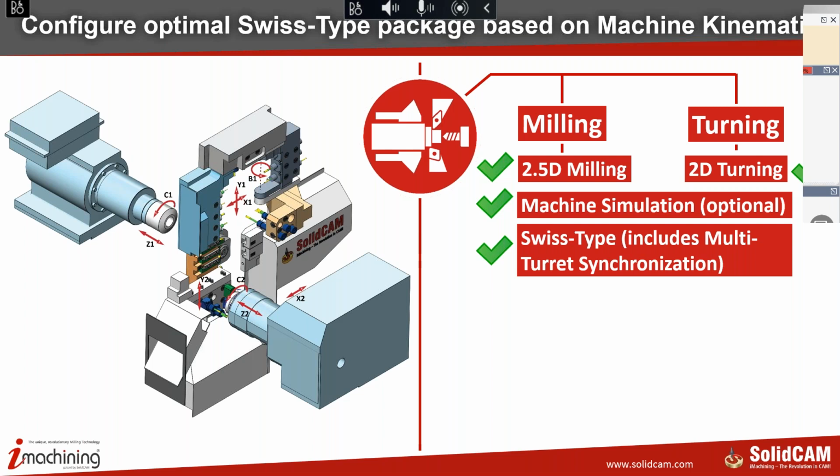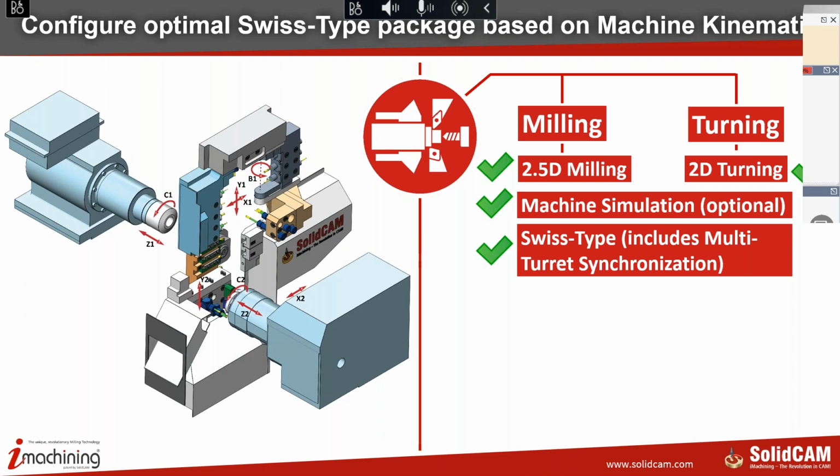It has the full 5-axis capabilities, and also simultaneous B-axis. But for the minimum, even for this machine, you just need 2.5D milling, turning, machine simulation, and the Swiss type module. The Swiss type module itself includes the multi-turret synchronization. Okay, so I'm saying this is the minimum in order to run the Swiss type.